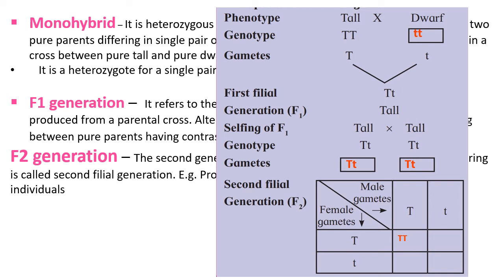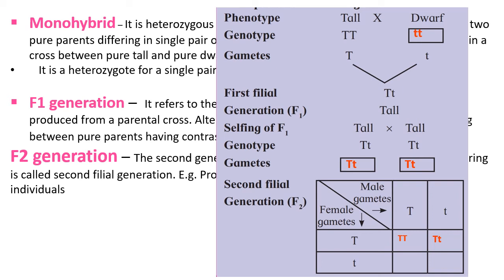Then the second combination is that female gamete and male gamete unite and produce a hybrid individual or hybrid pea plant in which capital T is present and small t is present. As the tall character is dominant, it is called hybrid tall.